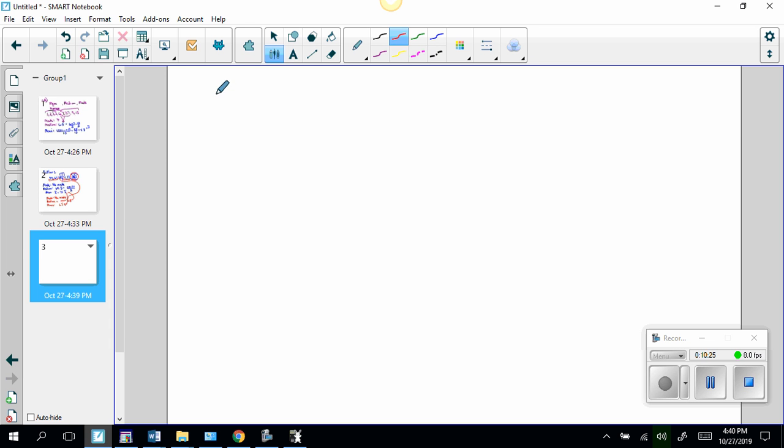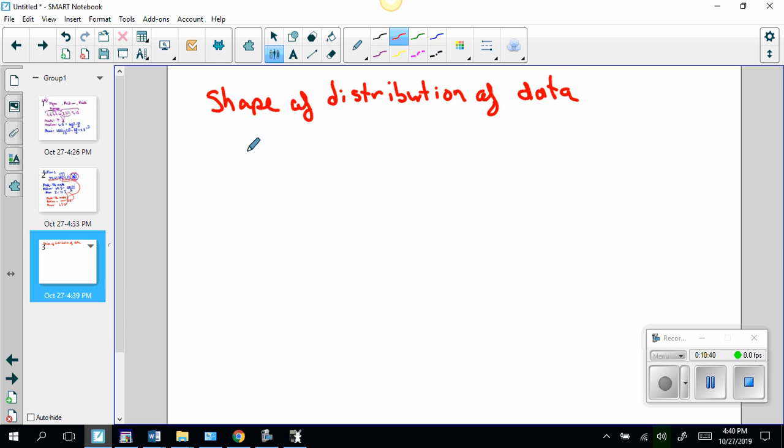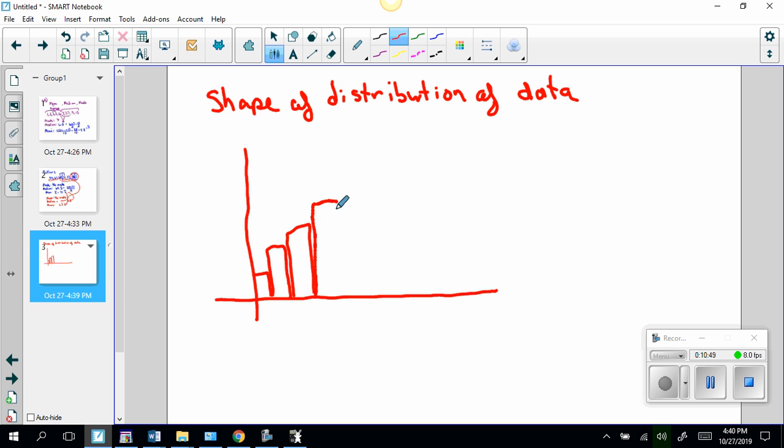Now, one thing we will be working on is shape of distribution of data. And you may recall, you may have heard, you know, people talking about the standardized bell-shaped curve, histogram, bar graphs, all this type of thing.